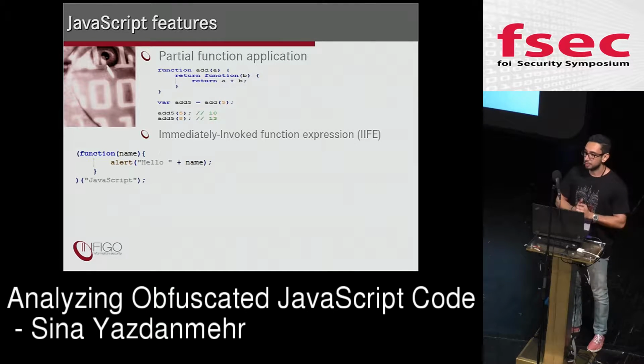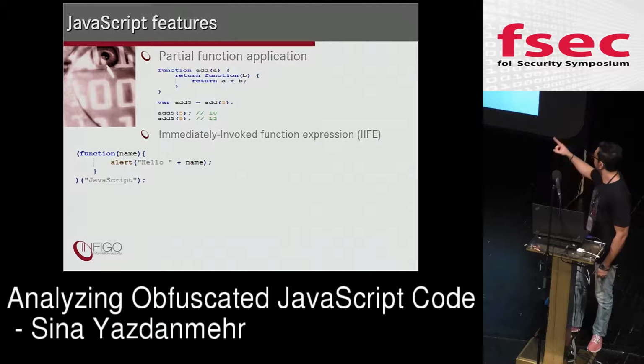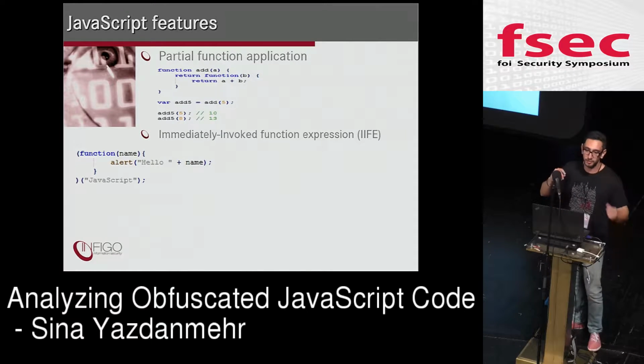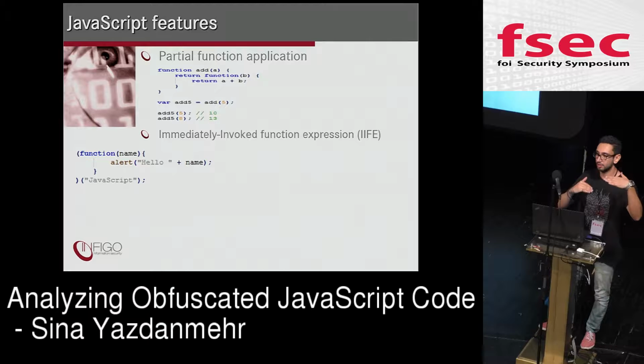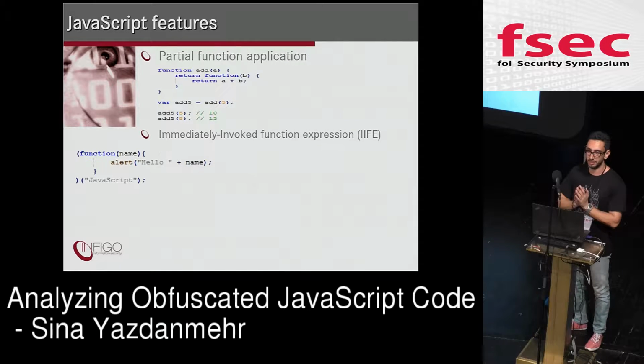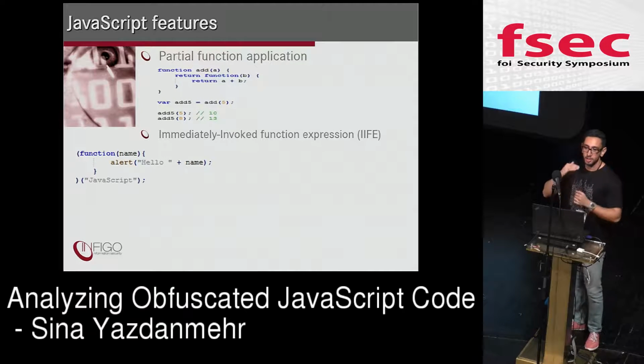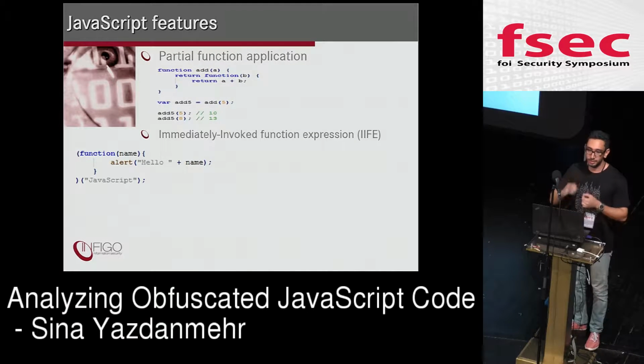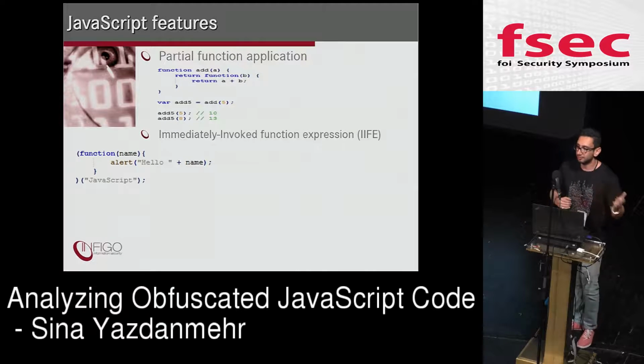The most common pattern of immediately invoked function is using parentheses. If you define your function inside a pair of parentheses, and after that use another pair of parentheses, your function gets executed immediately after its definition.